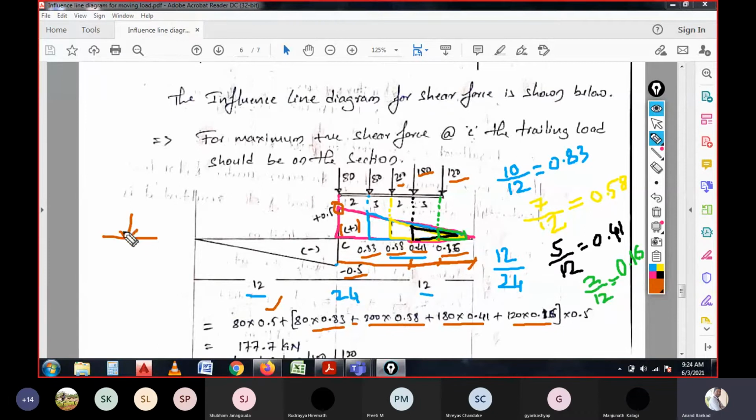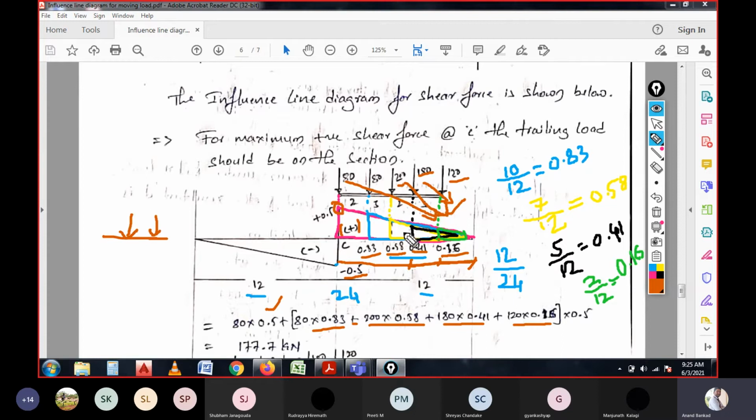In that case, we considered that specific point only, like a beam where the section is exactly considered. But in this case, the loads are acting and moving. That means we can have all these loads at either position. For example, if this particular load is moving, at this point we can expect this 180 kilonewton load, and at this point we can expect this 200 kilonewton load, like that.